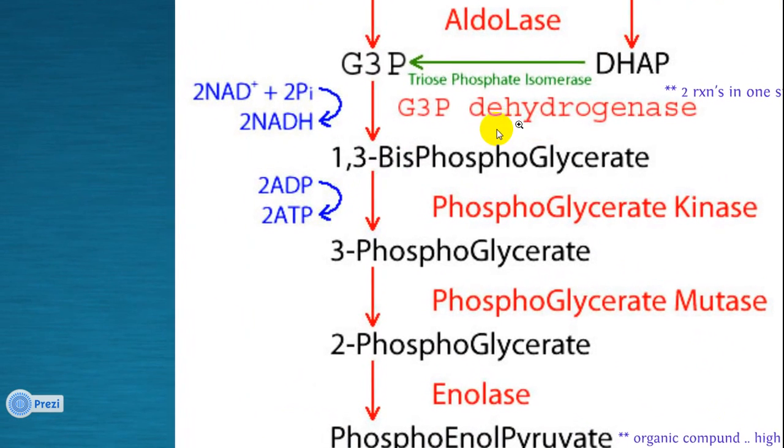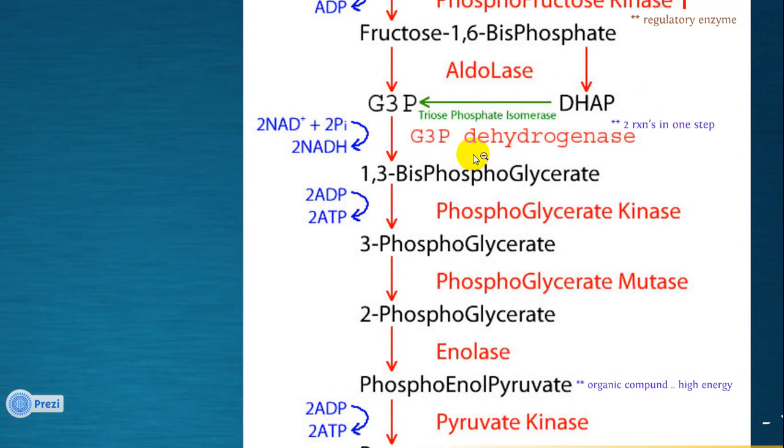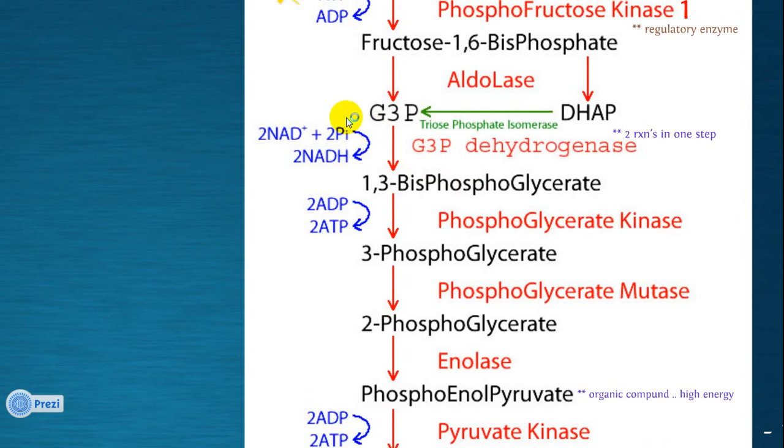But this enzyme can do 2 reactions in one step. Also, it will add a phosphate group to this compound. So the G3P in this step will become 1,3-bisphosphoglycerate. It will lose an H+ to the NAD+, and it will join 2 phosphate groups.